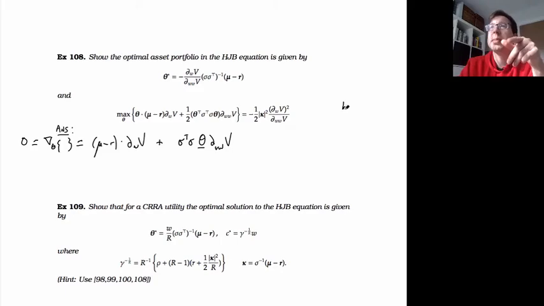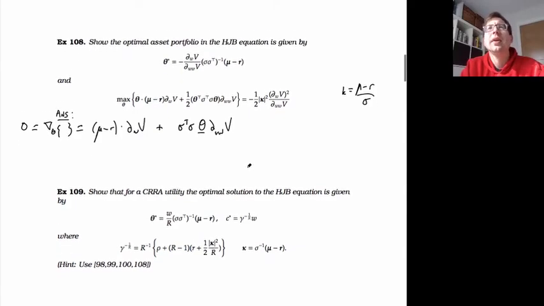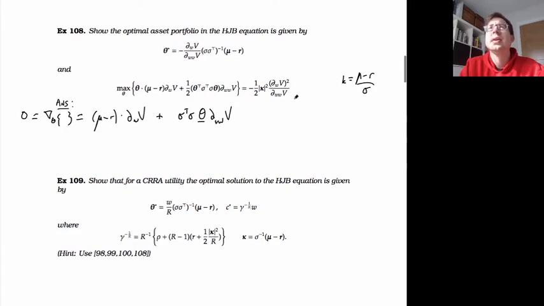And just to remember that kappa here is equal to mu minus r divided by sigma, or as the vector is given by that. Or when I say sigma, I should be saying sigma to the minus 1 here, really. Sigma minus 1. Apologies.